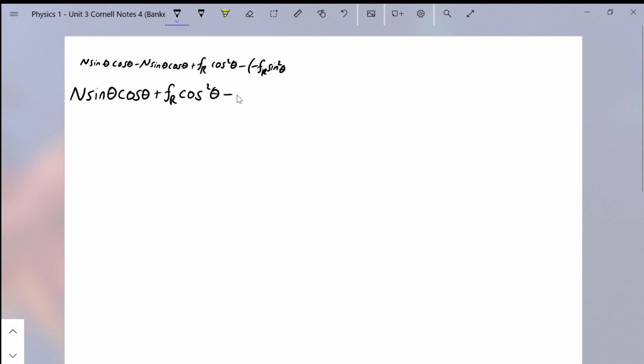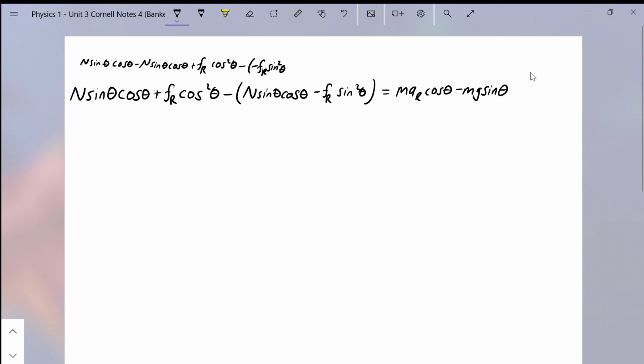And then my second equation, which I'm subtracting, was n sine theta cos theta minus f sub r sine squared theta. And this will be equal to m a sub r cos theta minus mg sine theta. I forgot that this has a cosine on it.